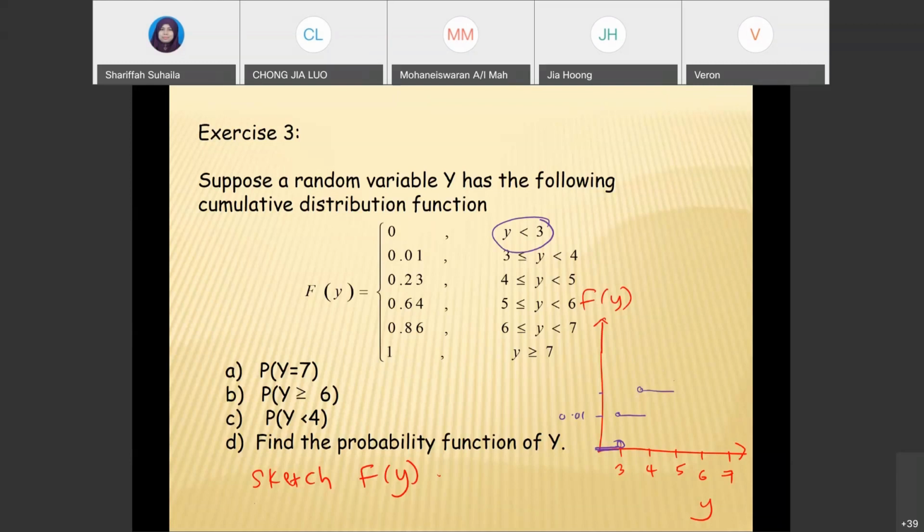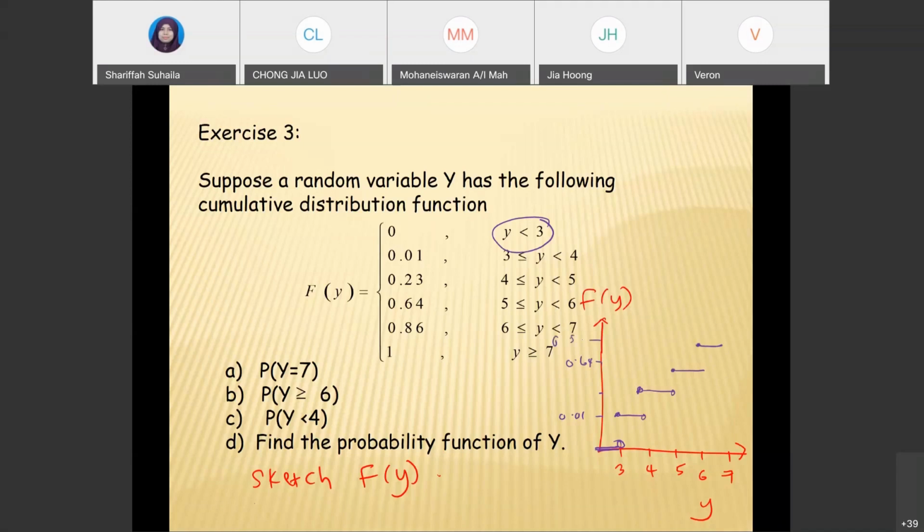Okay, 0.64 between 5 and 6. Sorry, I made a mistake. Between 5 and 6, the open circle is here, so this is 0.64. The next one, between 6 and 7, you will have 0.86.